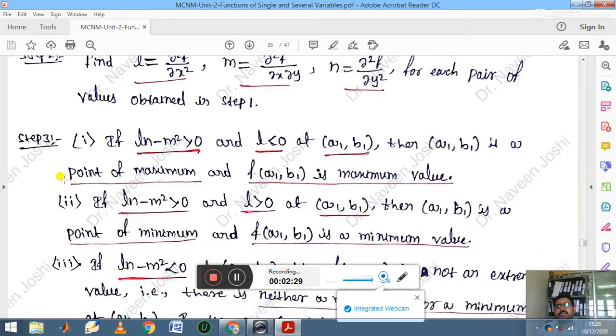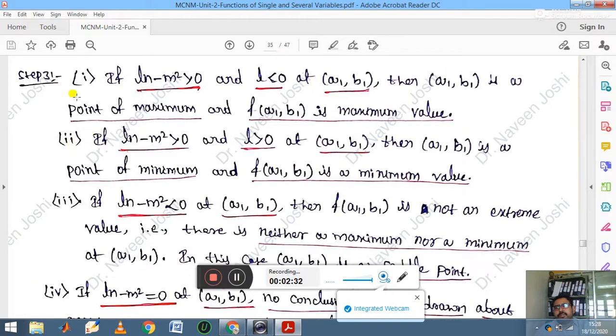On the basis of this, in step 3 you have 4 important key points to understand maxima and minima. Let us see them one by one. If ln minus m square is greater than 0, you multiply l into n and subtract m square from ln. If ln minus m square is positive, then go with the l value.